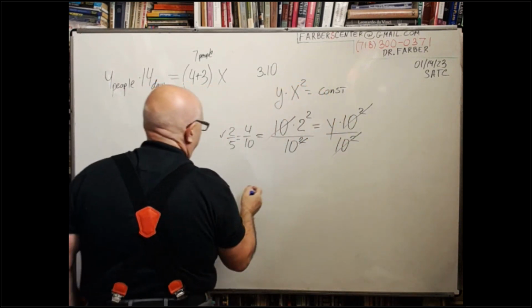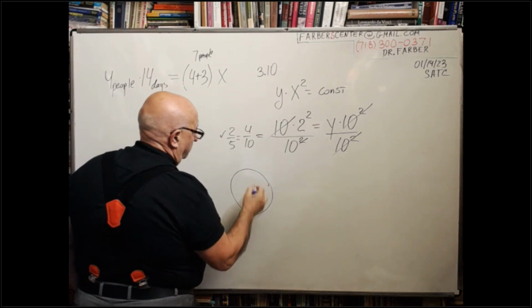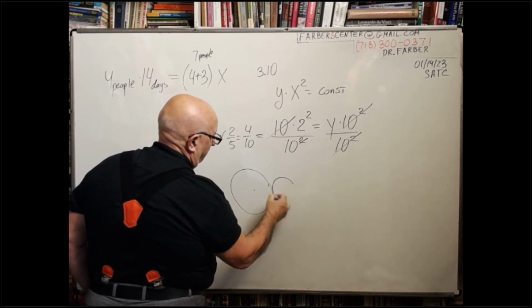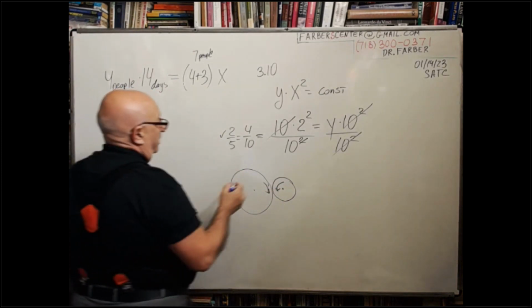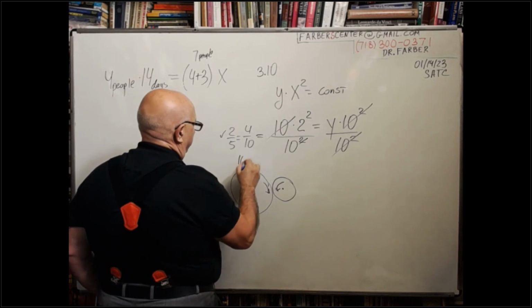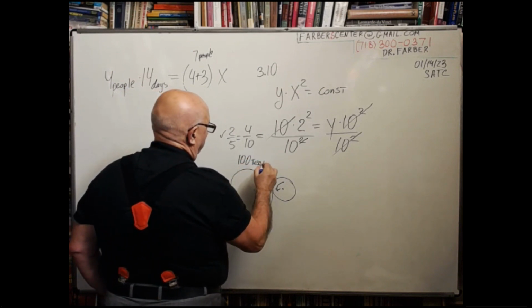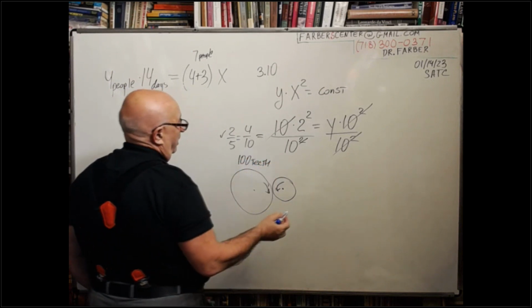You have mesh gears, right? And they rotated this way. Let's say this gear has 100 teeth, and this has 20 teeth.